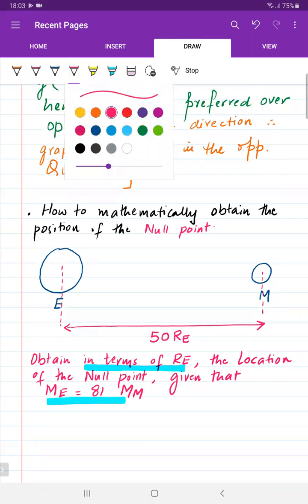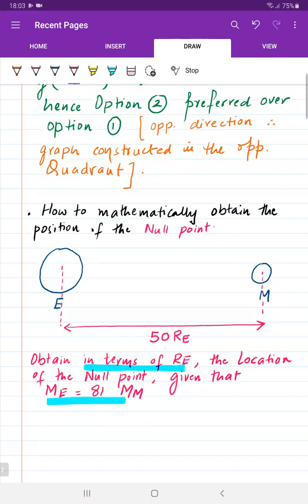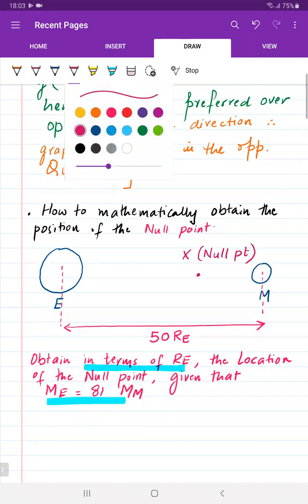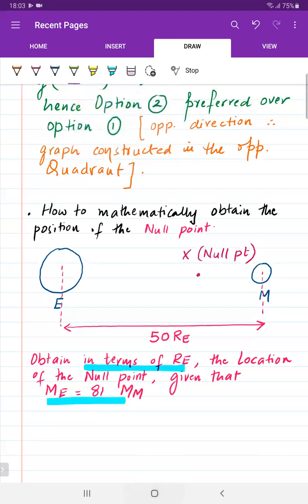अगर मैं रफली नल पॉइंट की लोकेशन को डायग्राम पे शो करूं, so imagine the point X labeled on the diagram refers to null point. तो यार जो डिस्टेंस आपको कैलकुलेट करना है ना, मैं ग्रीन मार्कर से शो कर रहा हूं.